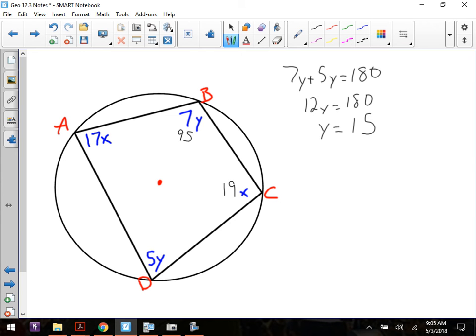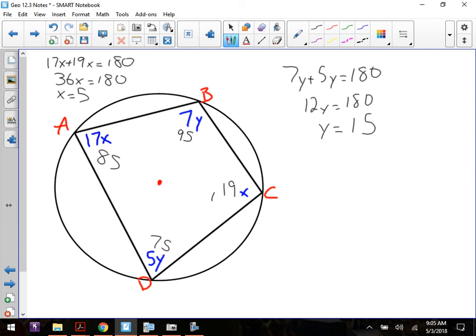And then this is 75. And then the other one, we have 17x plus 19x equals 180. That gets you 36, I believe? That's 5? Substitute back in, you're going to get 5 times 7, is what, 95? Wait, it should be 85 and 95.